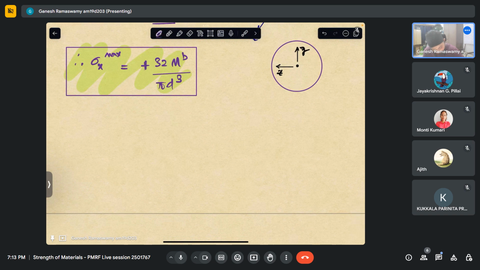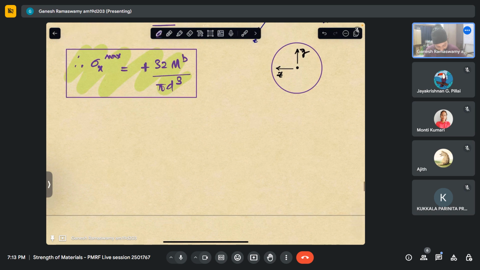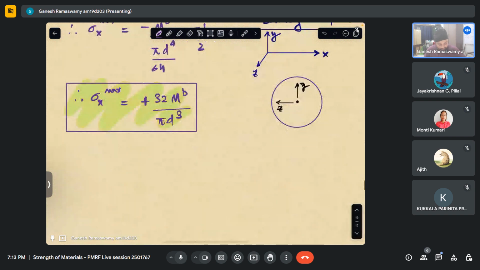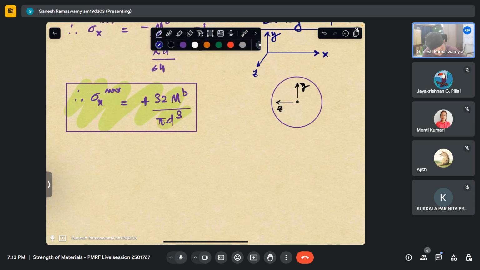When I take this as minus, it is just a matter of getting the actual maximum tensile stress. So far so good. So actually I have taken a point over here. In fact, why don't I mention it here? So at this point, y is minus d by 2. That is what I have substituted, and I have got the expression for the maximum stress over there, which is pointing in the direction out of the plane of the screen when I look at the cross section along x. I hope you are able to appreciate that.